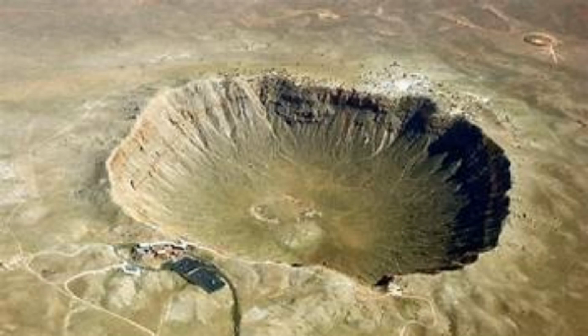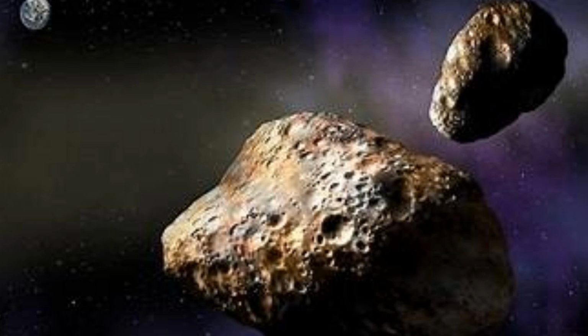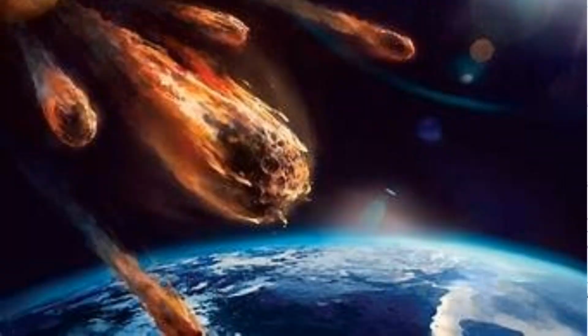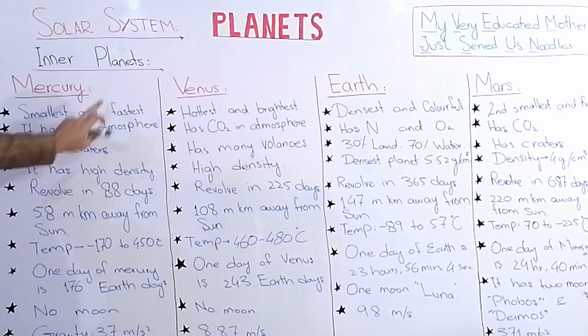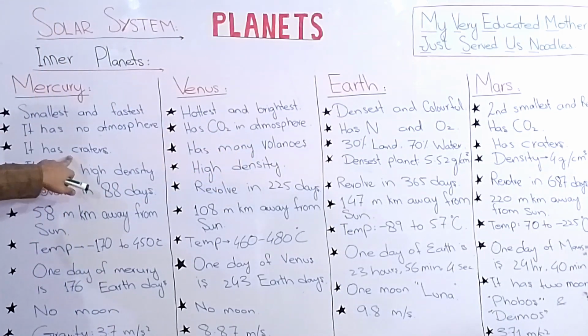Then comes the surface. Mercury has craters. You can look at the pictures on your screen showing the craters as well as meteoroids and asteroids. Venus has many volcanoes, and it has craters.